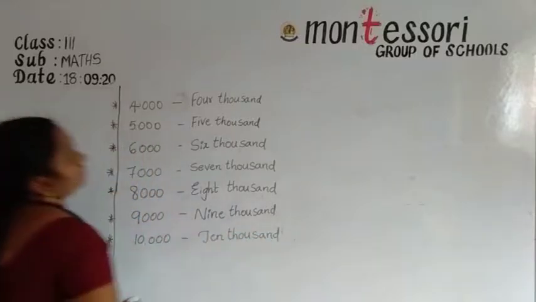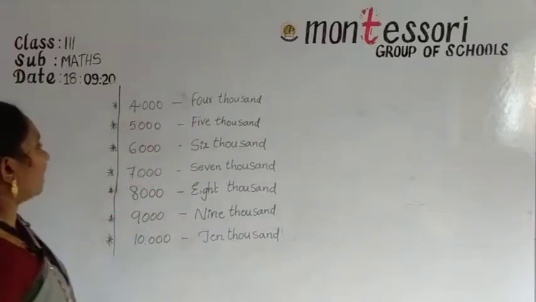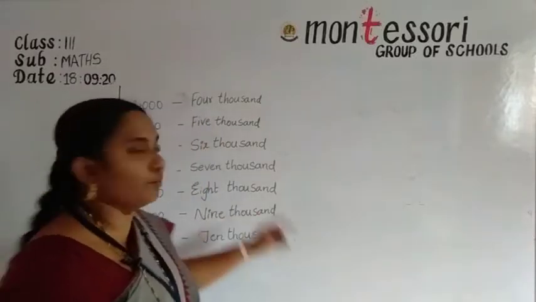Okay, so this is the classwork given to you. Here I am writing 1000 to 10,000, numbers and number names.